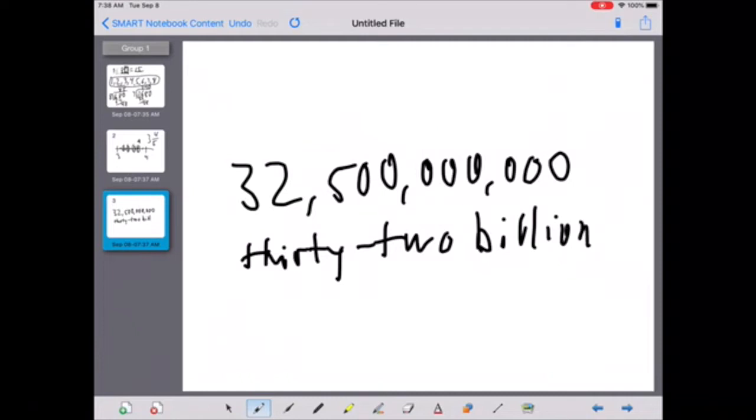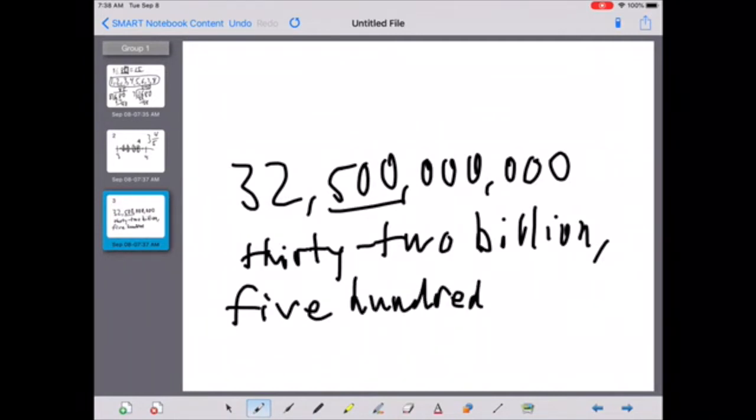So 32 billion, comma. Then the next 3 numbers, that's the number 500, and it's in the millions. And the rest of them are all zeros, so they don't matter. So my answer is 32,500,000,000. Make sure you are adding your zeros for that one.